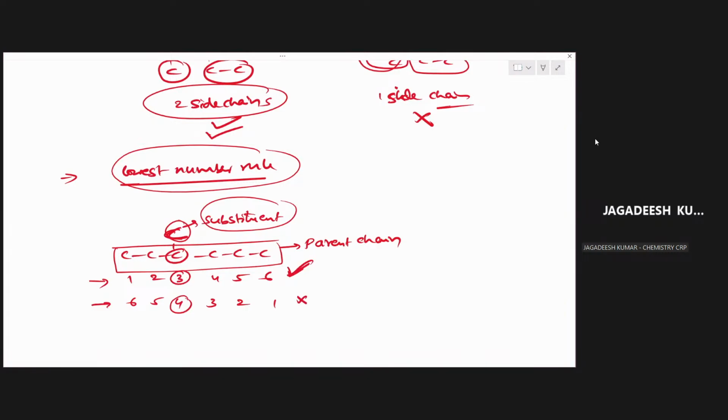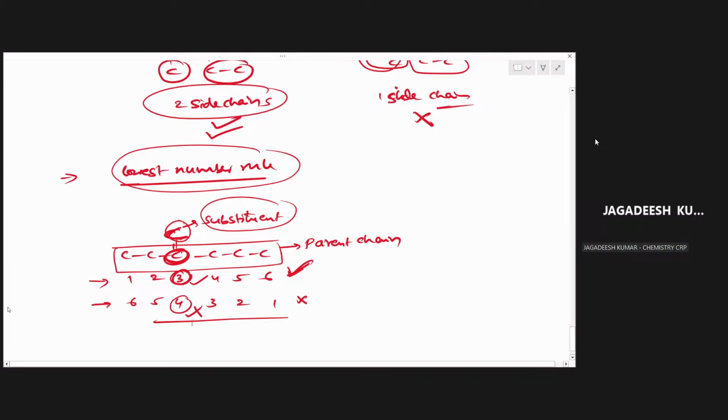So this is the wrong chain. Why am I taking this numbering only? Because the carbon to which the substituent is connected should get the least number while you are giving the numbering. In this way we are getting 4, the highest number, but here we are getting the least number. So it is wrong, and this is correct. Understood, the lowest number rule.